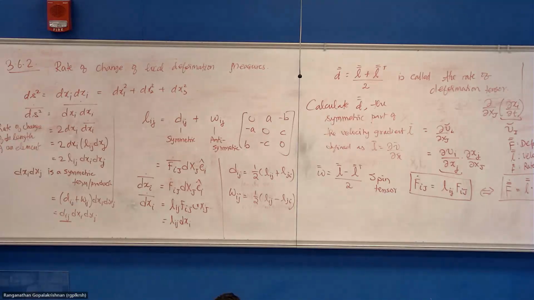All right. So first we saw the rate of change. We saw what is dxi dot. Then we saw what is ds squared dot. Two things we have seen today. Then we want to calculate what is ds dot. ds is the change in length. ds squared is the square of that quantity.